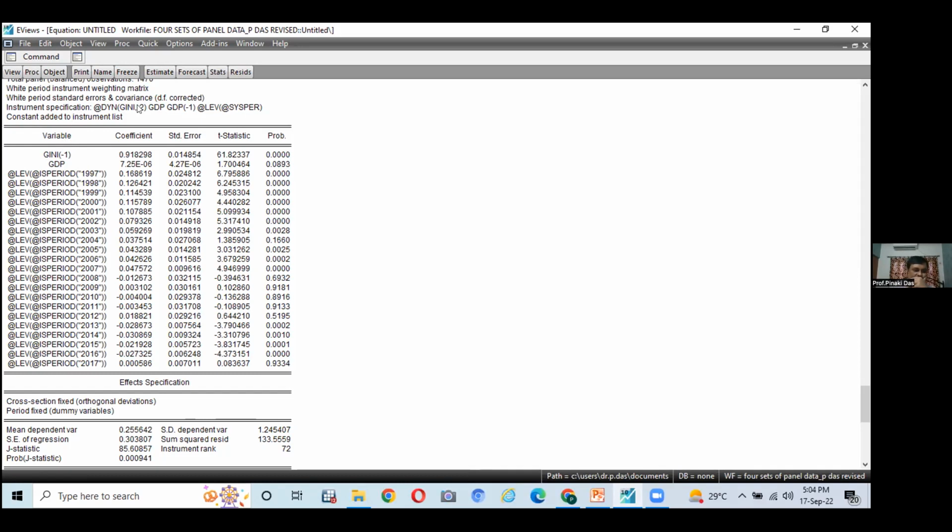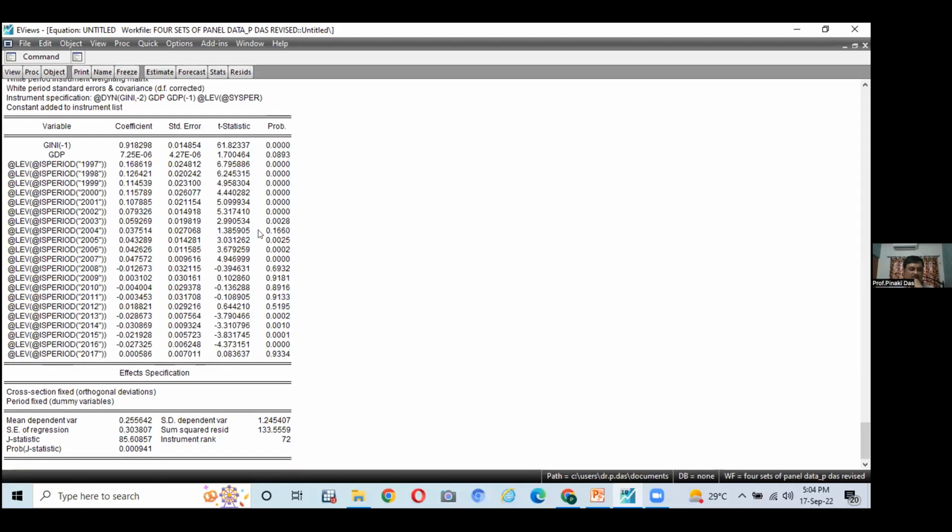And here you can see the instrumental specification, which is by default considered by the software, Gini -2. And again, we considered two other instruments, GDP and GDP -1, as well as the fixed time dummies.